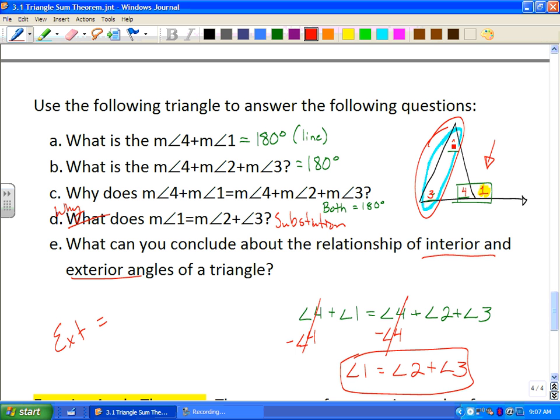Where are angles 2 and 3 compared to the exterior angle? What about the sum of the non-adjacent angles?